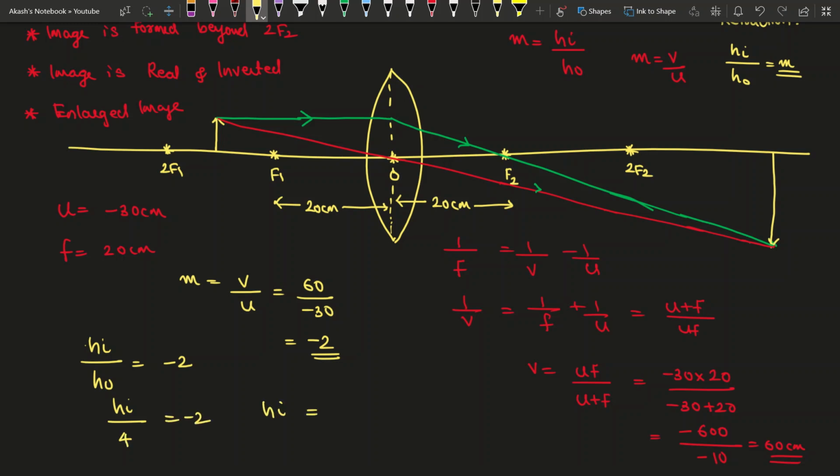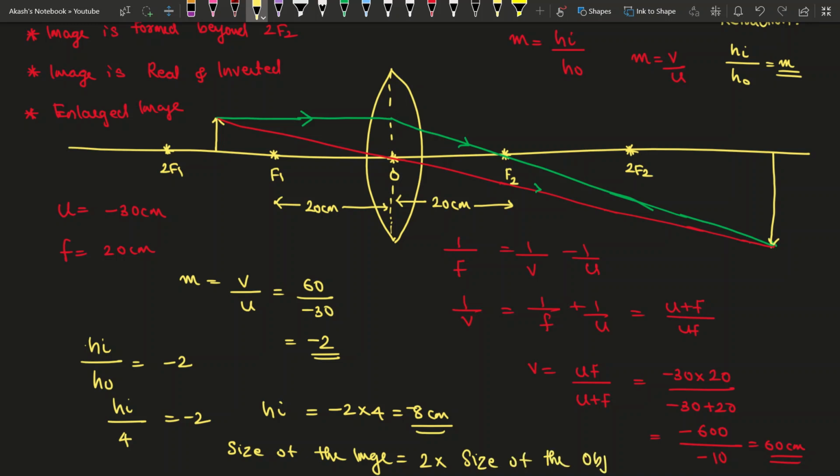Therefore, the height of the image will be equal to minus 2 into 4, that is equal to minus 8 centimeter. That means the image size is going to be twice the size of the object.